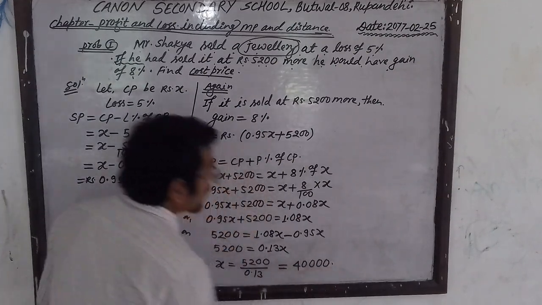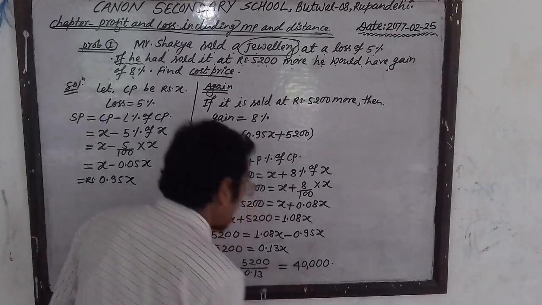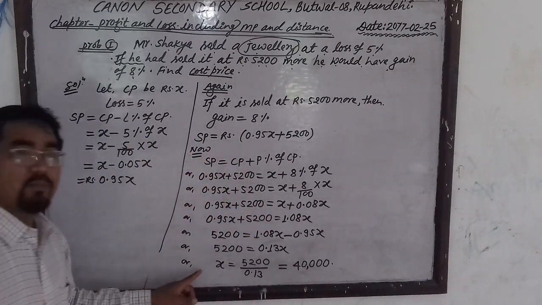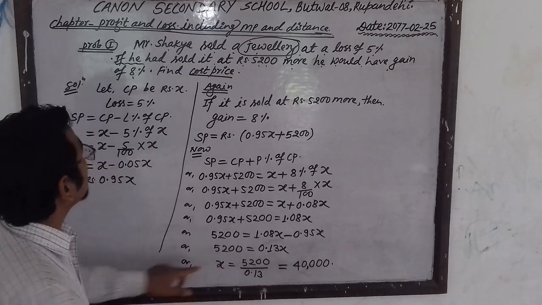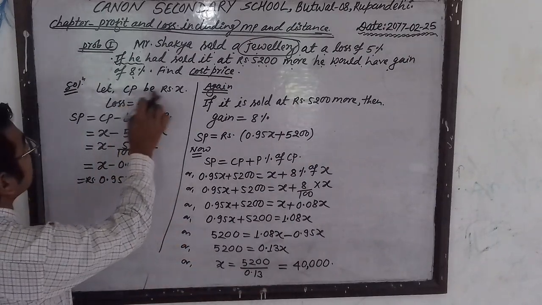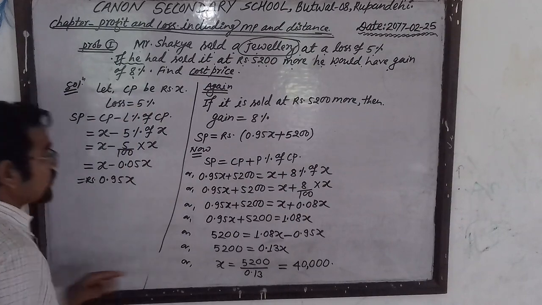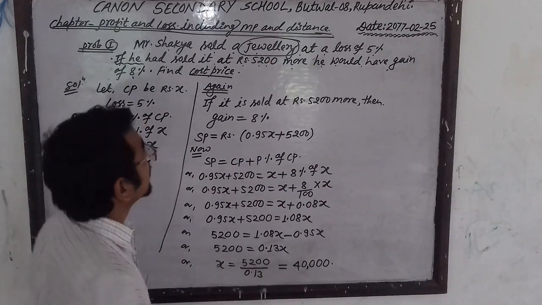So what is this 40,000? It is the value of X, and X is the CP, the cost price. So the cost price is 40,000.